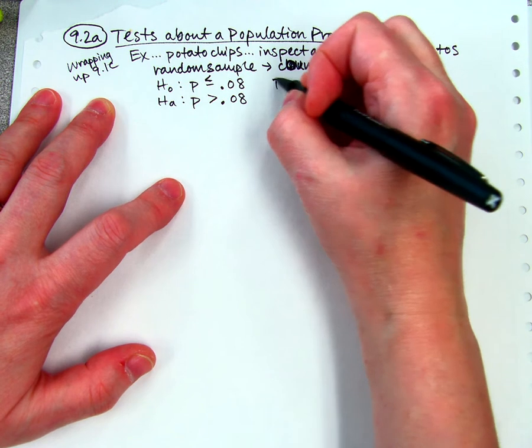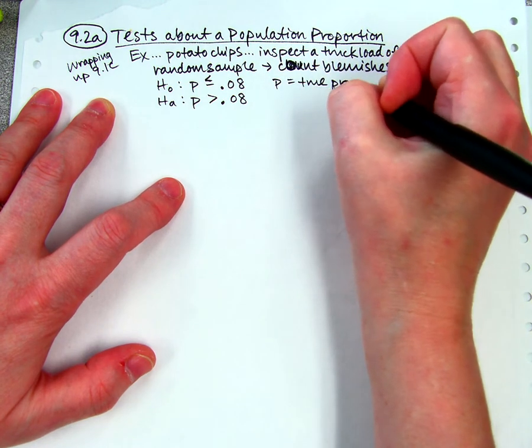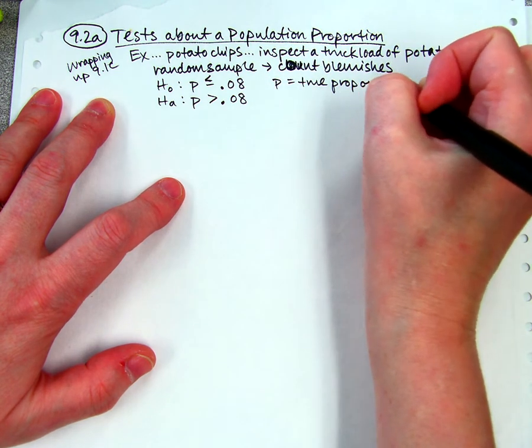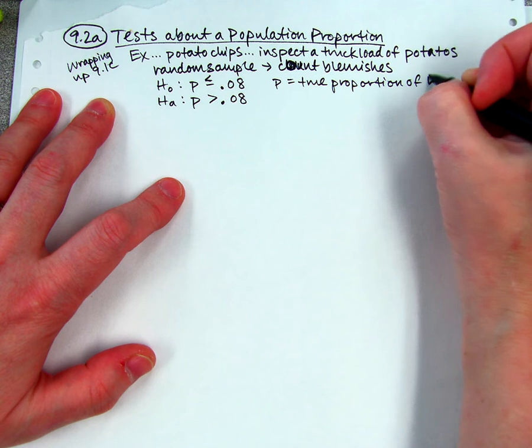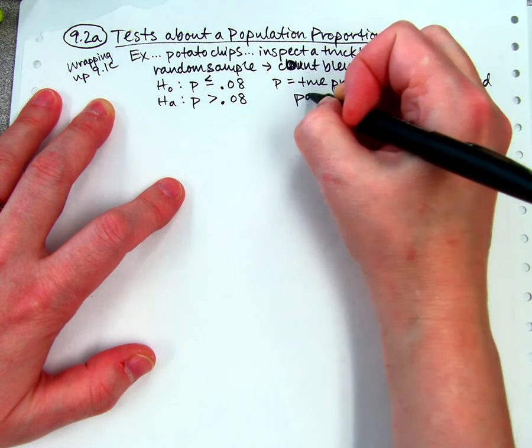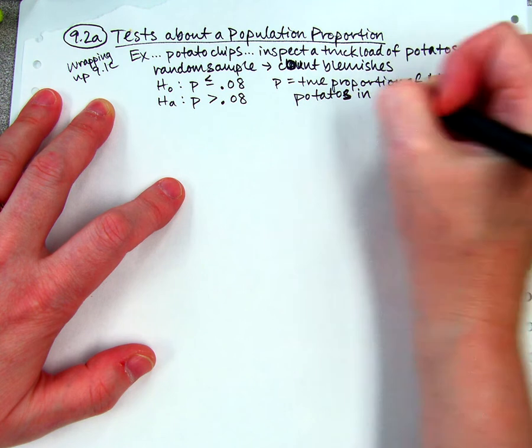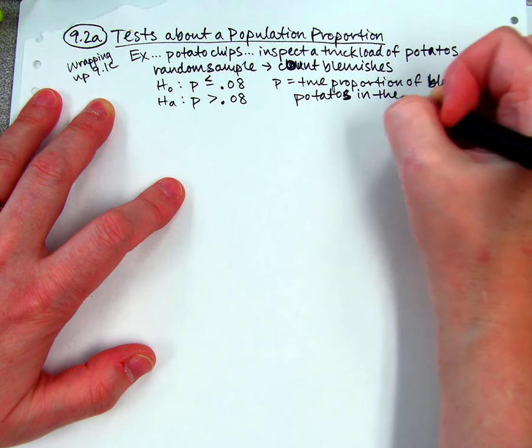So P is the true proportion of blemished potatoes. I love that word blemishes, don't you? In the population, which is the whole truckload.